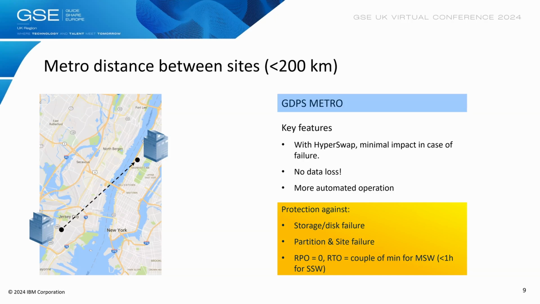Note that even if GDPS Metro relies on the Sysplex and the GDPS Metro controlling systems are in this Sysplex, GDPS can also manage z/OS systems that are outside of the main Sysplex, let's say. So there could be a standalone system or systems inside another Sysplex.